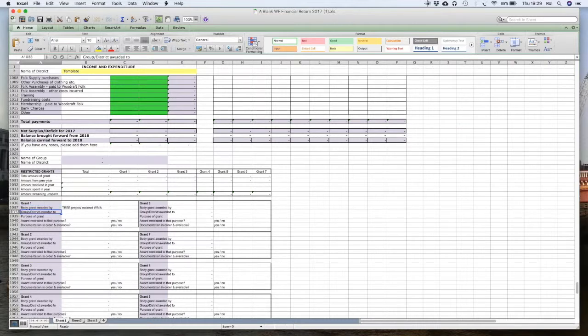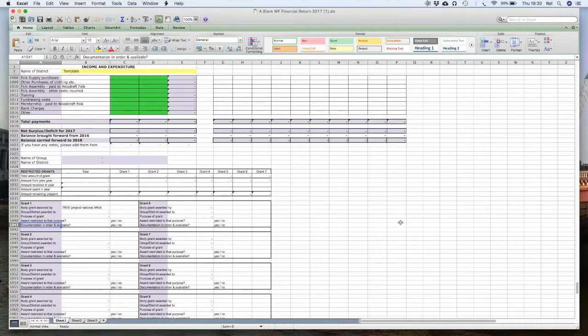Sometimes it can be another district, or you might want to record the group within the district that it relates to. Then we need to know the purpose of the grant, and that you've confirmed that it's been restricted for that purpose, and the documentation is available in case the auditors want to see it. So that's straightforward.